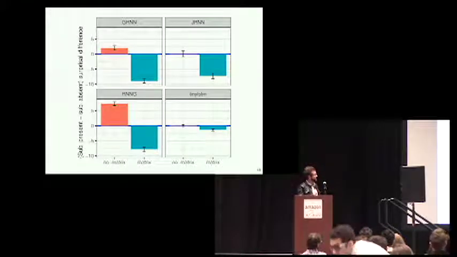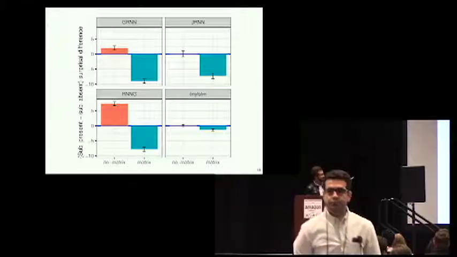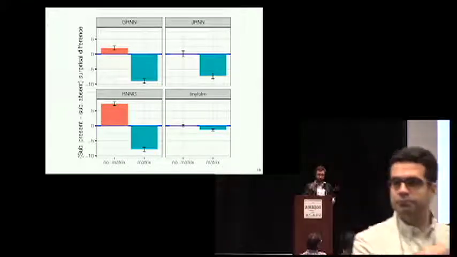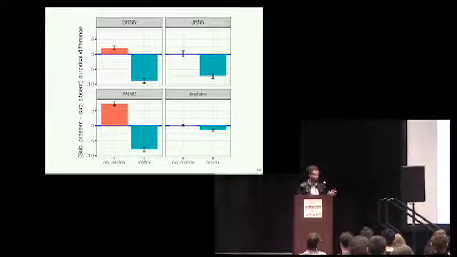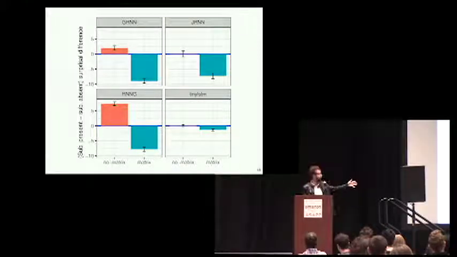Now expanding to our set of four models, you can see that when you add the syntactic supervision for the RNN grammar, now you get both effects in a huge and clear way. When you train on the same small amount of data with no syntactic supervision in a tiny LSTM, the effect sizes are all a lot smaller and you don't get the no matrix penalty effect at all.